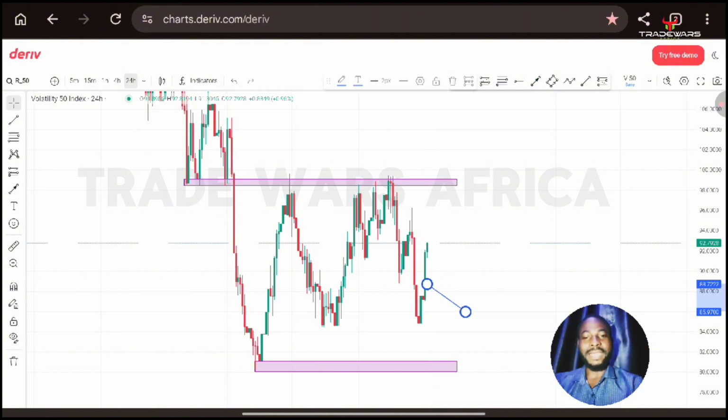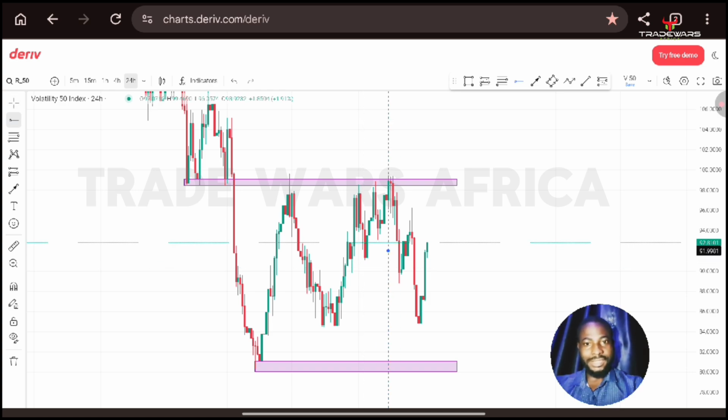I only took a buy because there's potential and it's a long ride. You get it. Now there's a level here that needs to be respected, so to say. You know how markets move, the market structure: higher highs, higher lows, break and retest, break and retest, break and retest.